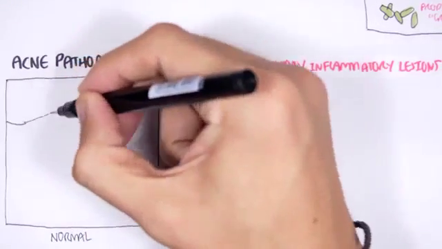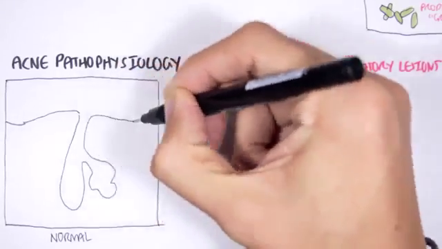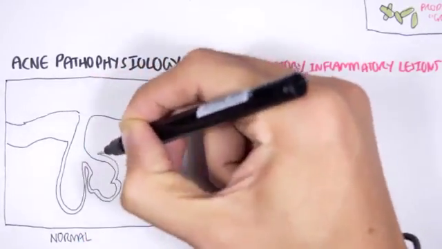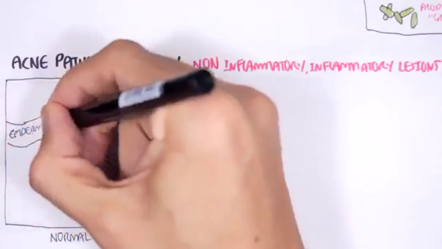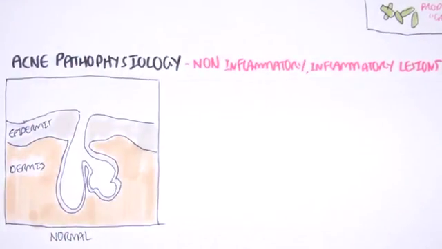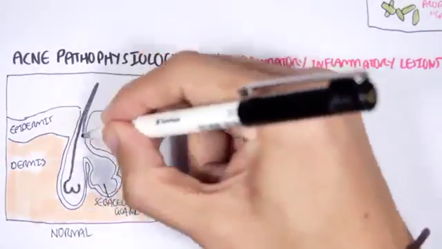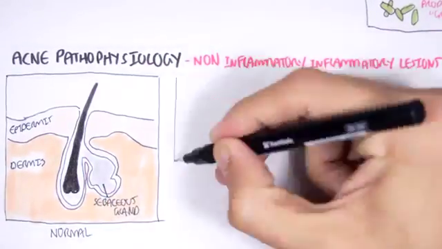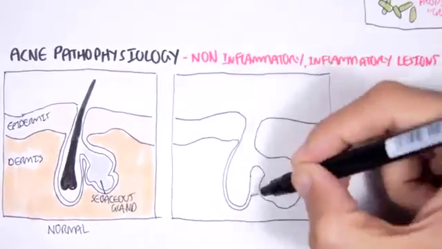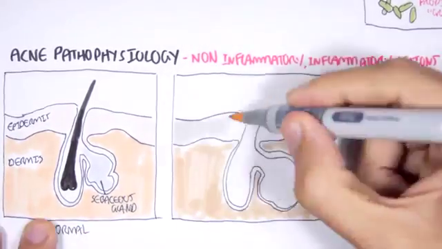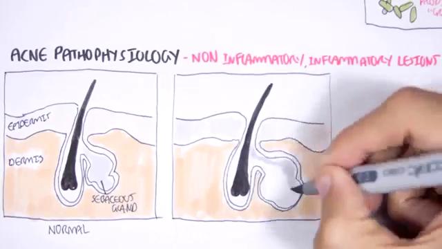Let's have a look at normal skin first. So here is the epidermis, top layer, the dermis. Here is our sebaceous gland that contains sebum and produces sebum, which will lubricate our hair follicles here. As I mentioned, acne is caused by an interplay of many factors.